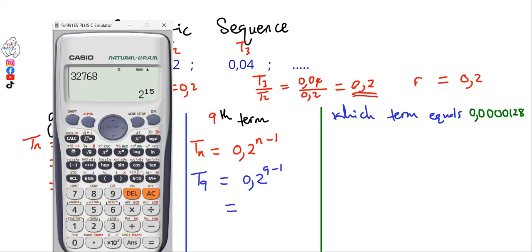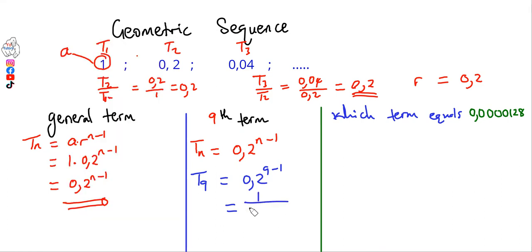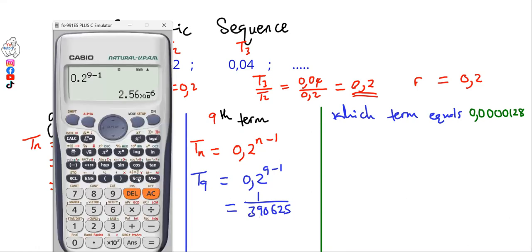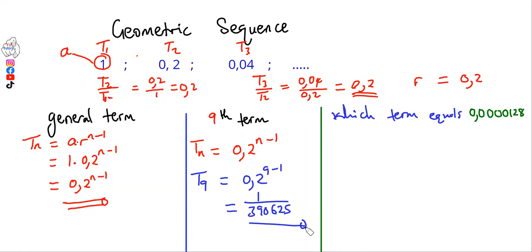Let's find out: 0.2 to the power of 8 gives 1 over 390625. That becomes our final answer. You can also put it in this way, it's up to you, but that's our final answer there.